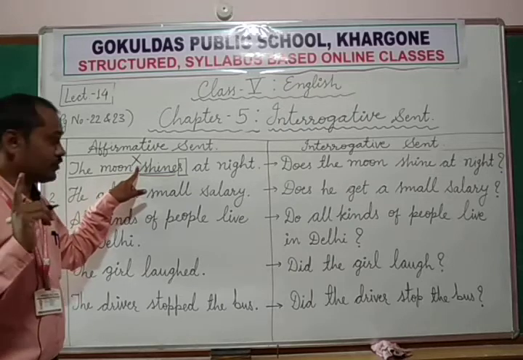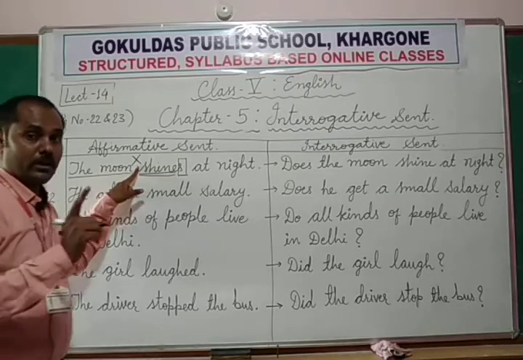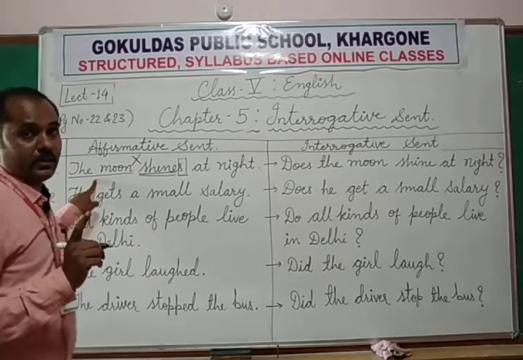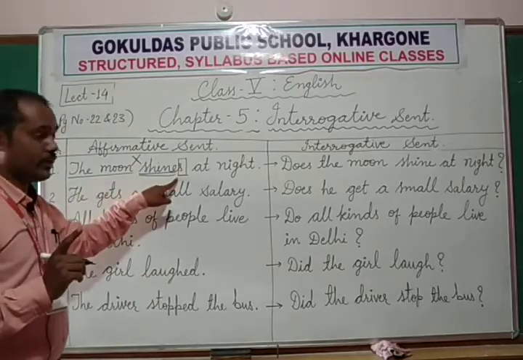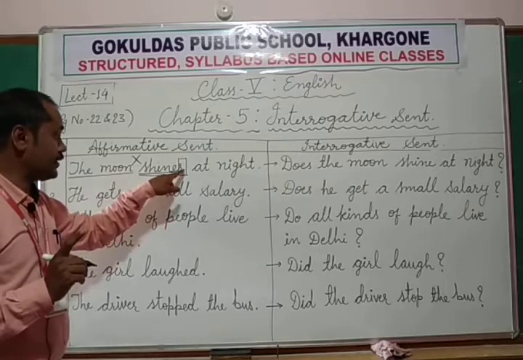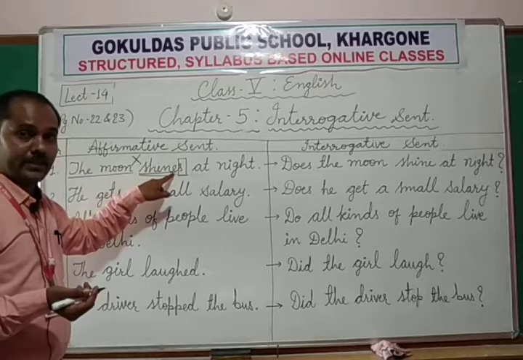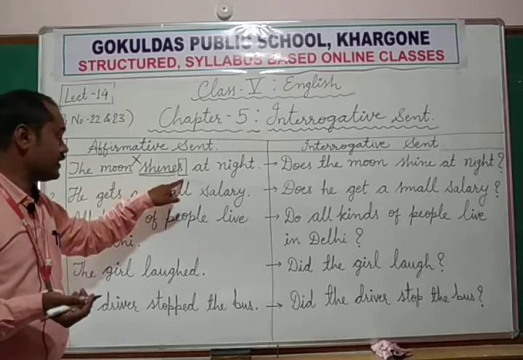That is the formula of present simple tense. So when the subject is singular, the main verb takes S or ES. E is already there, so we added only S.